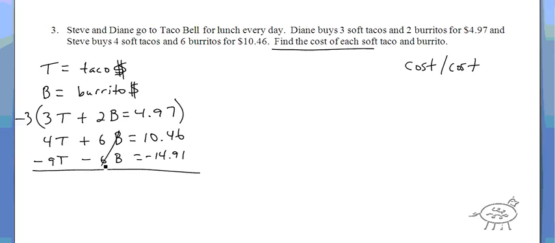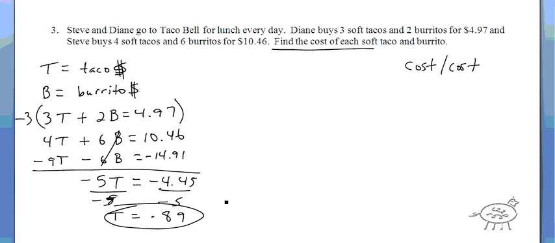Okay, the b's cancel, and we get negative 5t is equal to negative 4.45. Divide both sides by -5. So t equals 0.89. Nice, a 2-decimal number. That's perfect. Okay, so that's one answer. And then I'm going to plug it back into this equation right here, it doesn't really matter which.